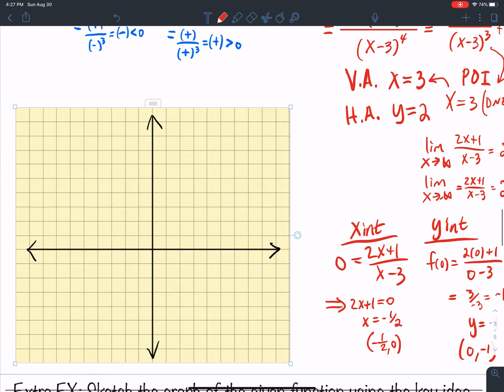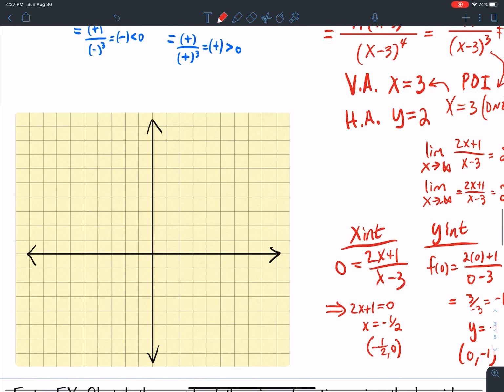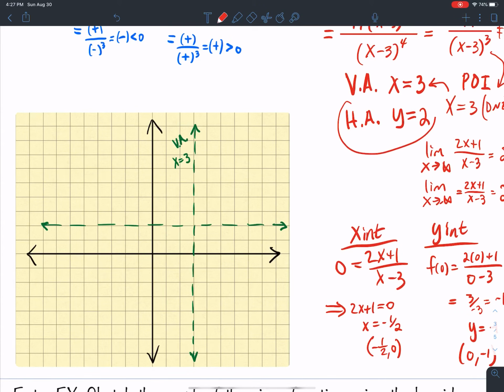Okay? So let's graph all of the points that we know. Right? I know I have a vertical asymptote. I'm going to label it VA x equal 3. HA horizontal asymptote at y equal to 2. And so this cross here is kind of going to be our guideline for how our rational looks.